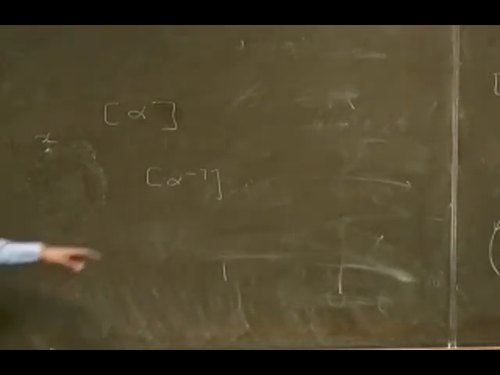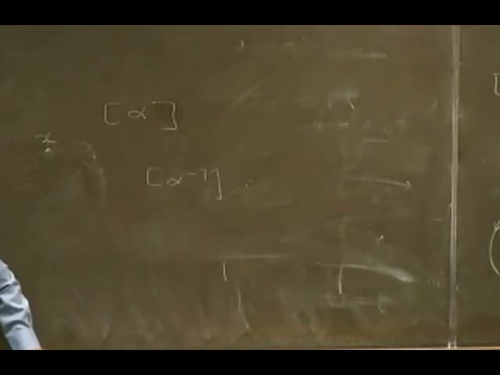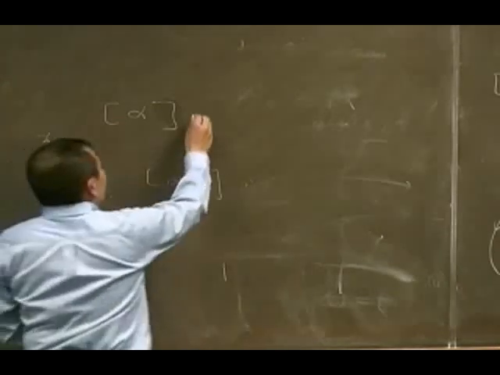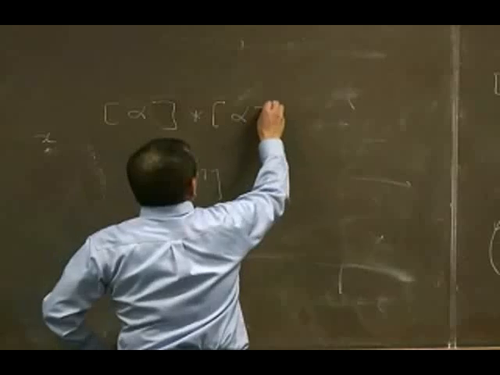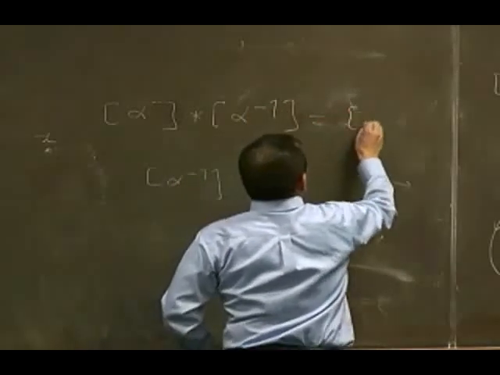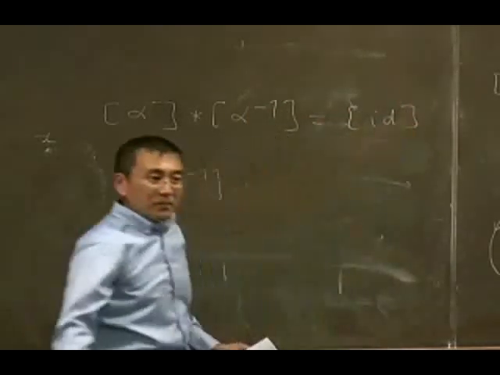So therefore, if you define alpha inverse as a loop which is going backward along the original loop, then clearly this times this is homotopic to the identity. So this defines the group structure for the first homotopy classes.